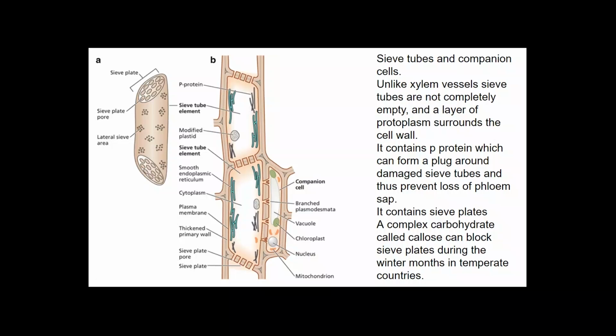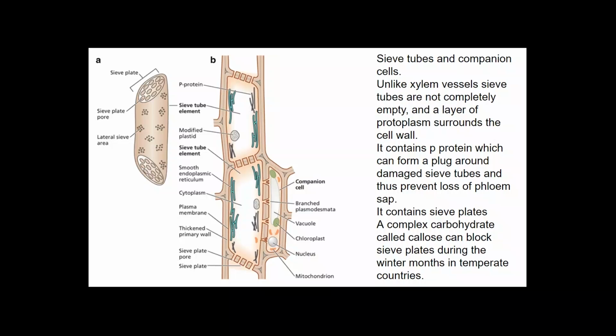And again, they are perforated. So unlike xylem vessels, sieve tubes are not completely empty, and a layer of protoplasm surrounds the cell wall. So you can see protoplasm and endoplasmic reticulum. And you also have something called P protein.